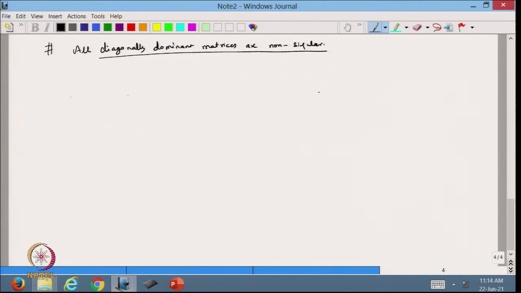So, this is another application. Suppose I take the matrix A, a 5 by 5 matrix.